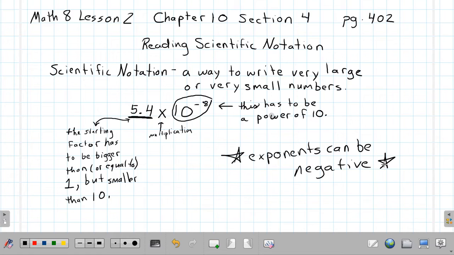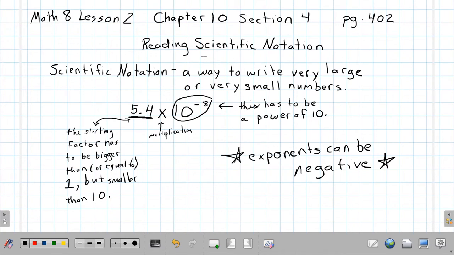As far as just in general, with negative exponents, that's something you'll talk about in algebra, and you'll figure out exactly what it means for an exponent to be negative. But in terms of what we need to know right now, just know exponents can be negative, and we're going to discuss what to do with negative exponents in the near future when we look at some of the examples.